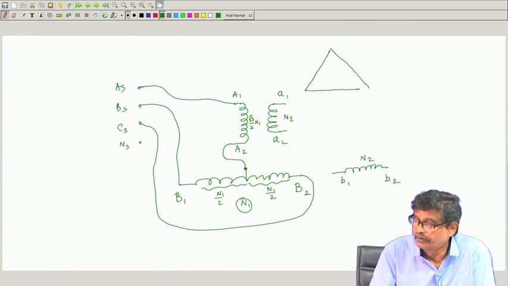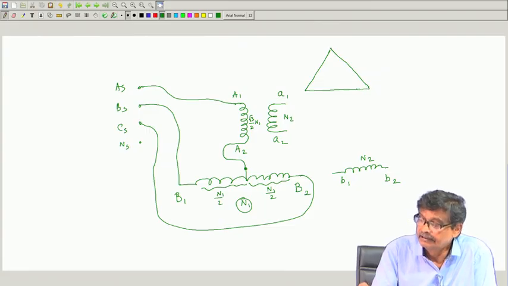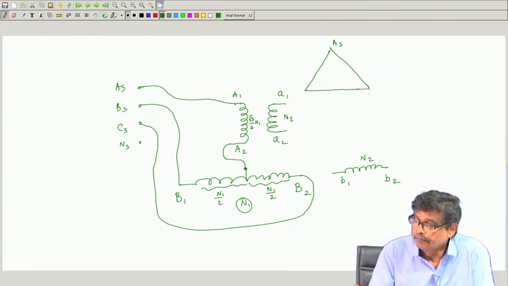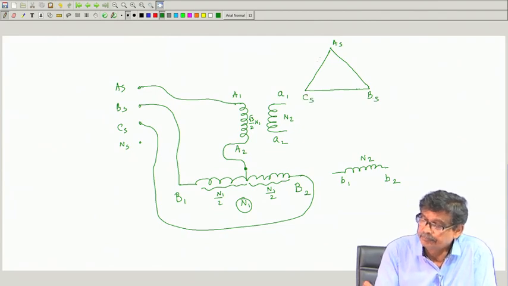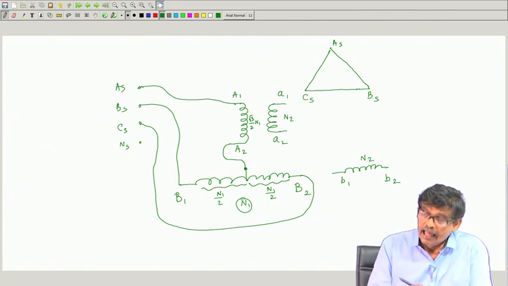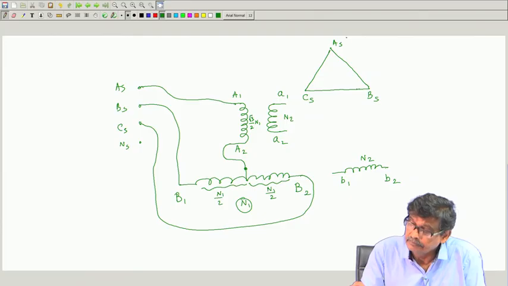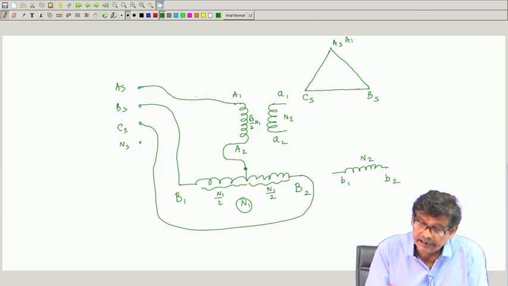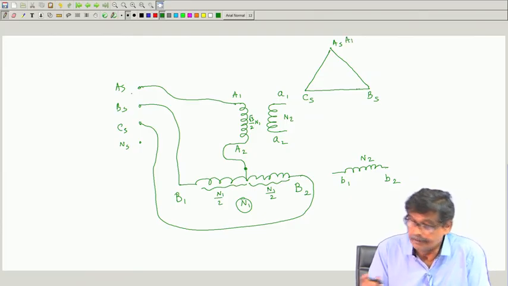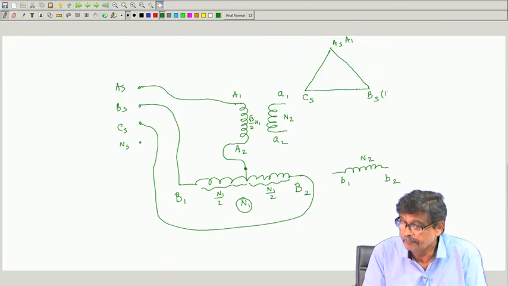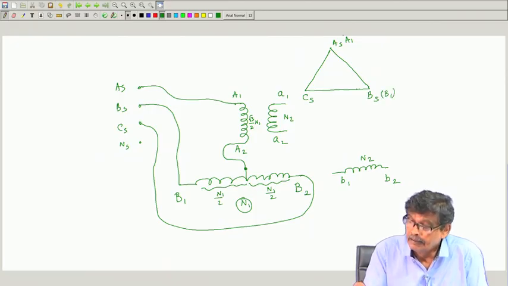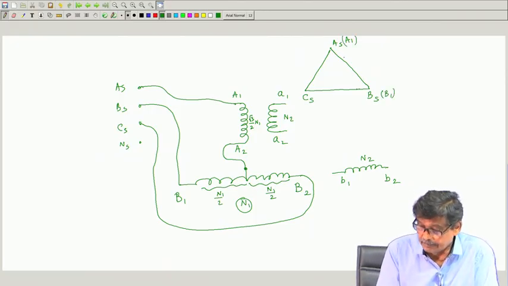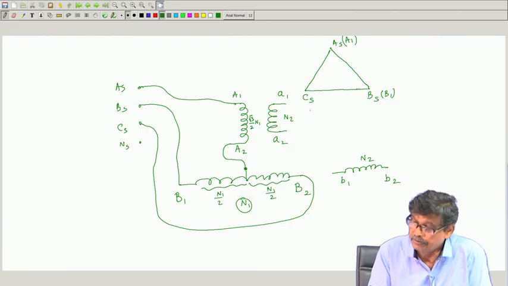So, first I will draw this is AS, this is BS, and this is CS. AS and A1 are the same, BS and B1 are the same, and CS with B2 is also the same. It is like this.